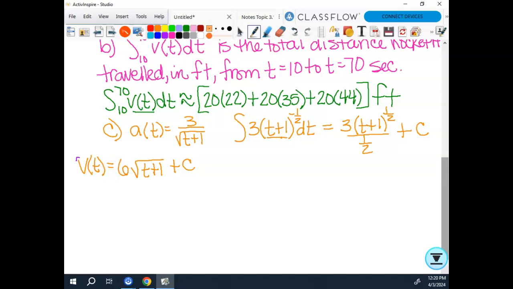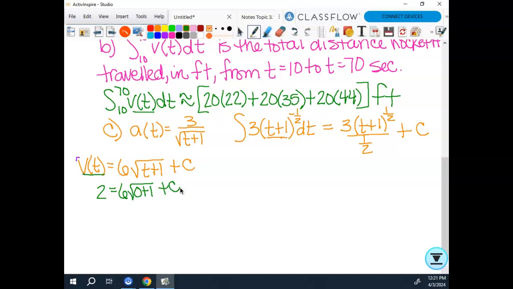I need to find c. Do I know anything that could help me find c? I have the initial velocity, and my initial velocity is what? 2, okay? So when I substitute that in here, this is my initial velocity, it's 2. That's equal to 6 times the square root of 0, because that means the initial condition, plus 1, plus c.